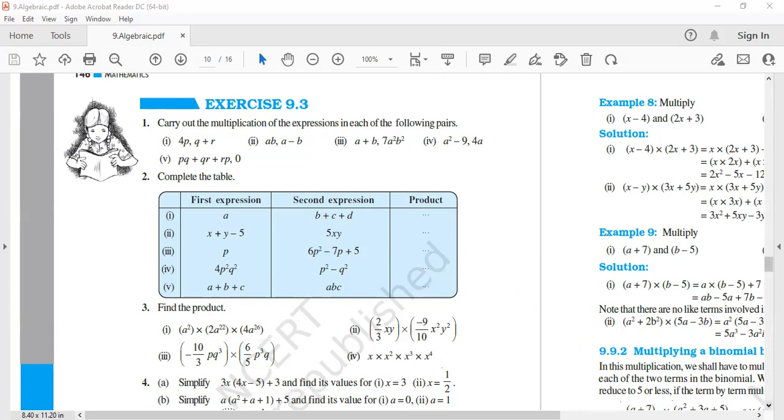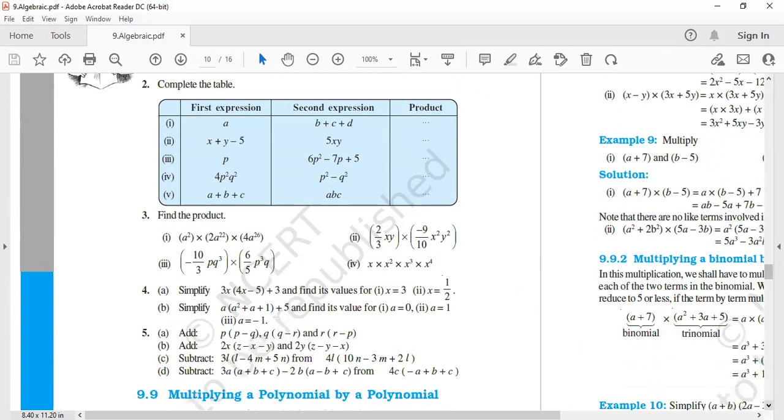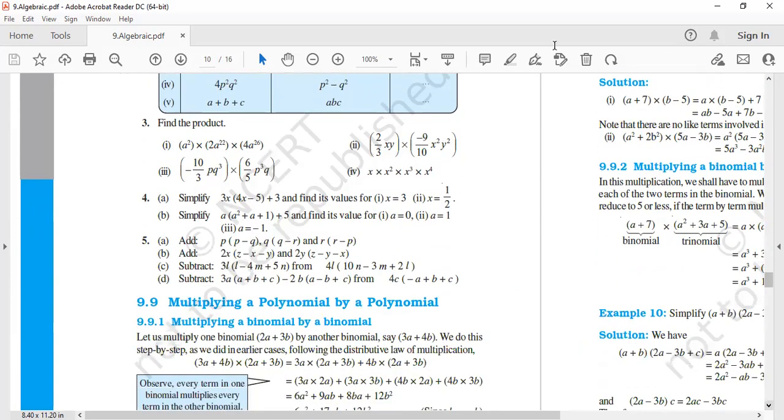Okay, so let us now try to solve question number third. Just give me a minute, I will make it down a little bit. Okay, so question number third. Now look, this one is a product of three monomials, so we have to just find the product.